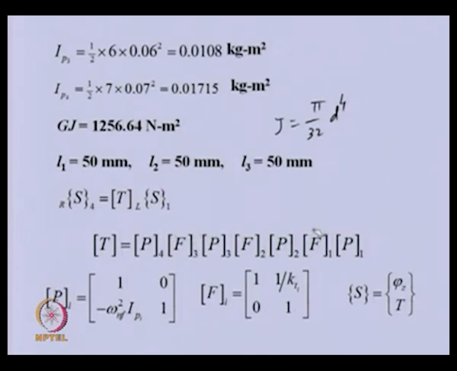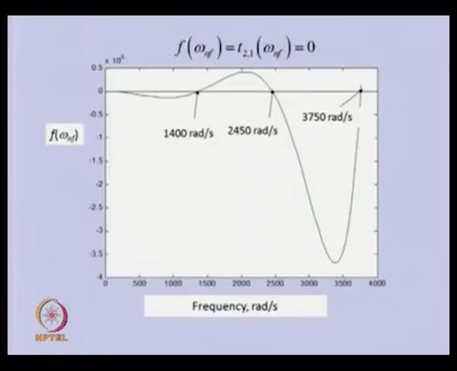In this expression you can see many point and field matrices getting multiplied. As we have not considered damping, only the stiffness and inertia properties are there. This is the overall transfer matrix, and free boundary conditions apply.